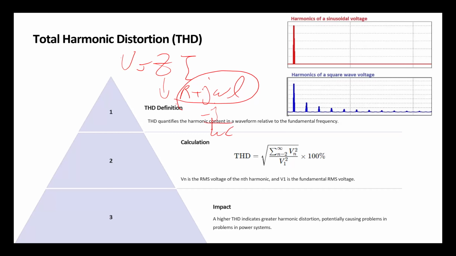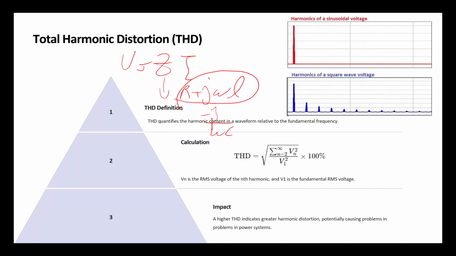But that means we are manipulating the overall waveform, which also creates the fundamental, not only the harmonics. So we would get rid of the harmonics at the cost of not having our desired fundamental.